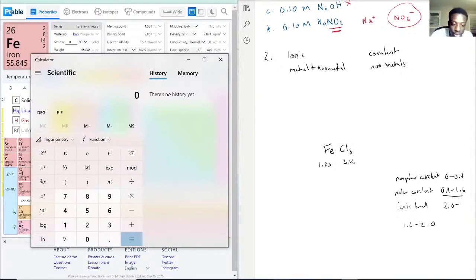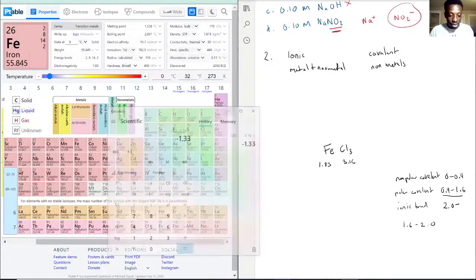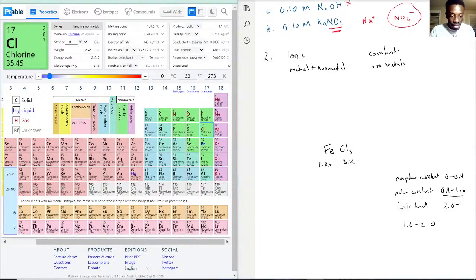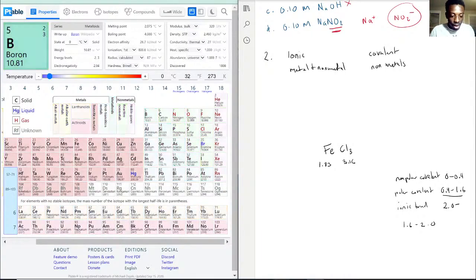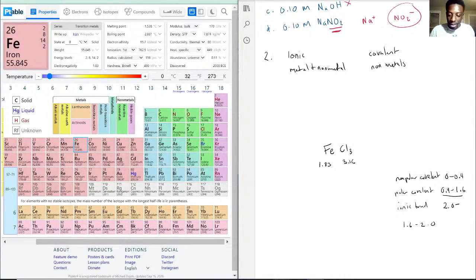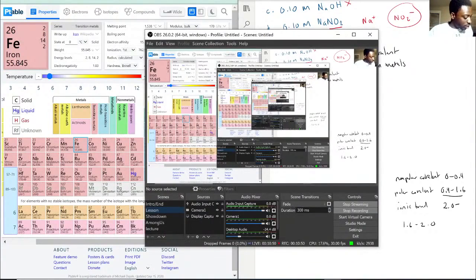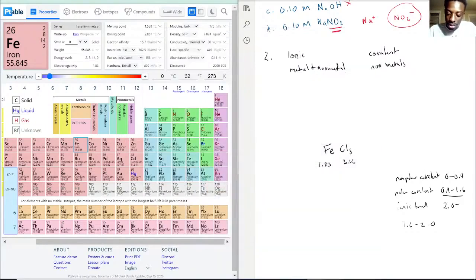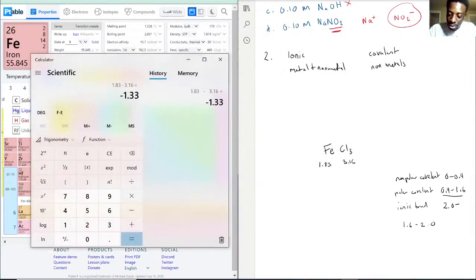Alright, well, I guess we're using the computer calculator for now. That's okay. It's 1.83 minus 3.16. So, this one is, wow, interesting. 3.16. Just make sure I'm looking at it right. And iron, 1.83. So technically, this one, well, according to the calculator, is a 1.33 difference.